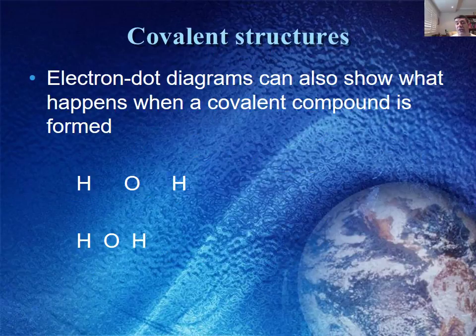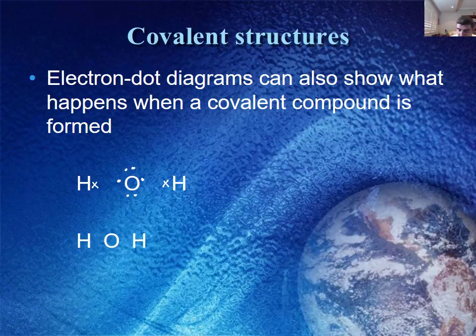Electron dot diagrams are probably even more useful when we show covalent bonding. So covalent bonding is where electrons are shared. So hydrogen will have 1. Let me make it a cross, and this hydrogen also has 1, and the oxygen has 6 in its outer shell. So I'm going to just put the 6 like this.